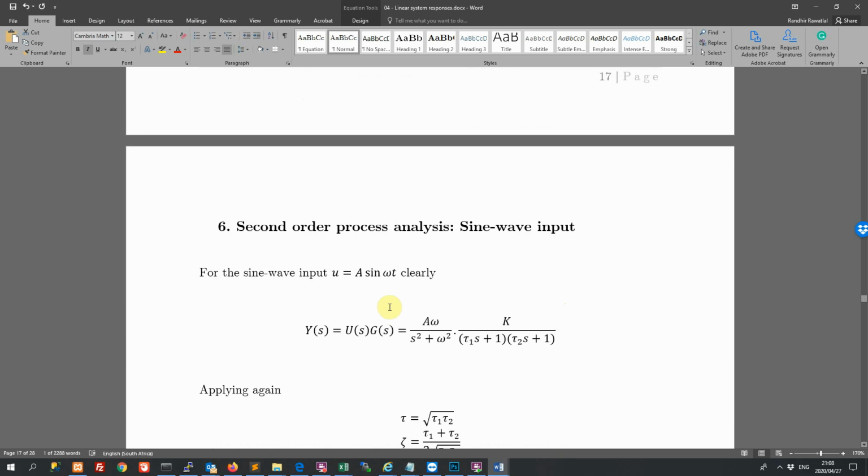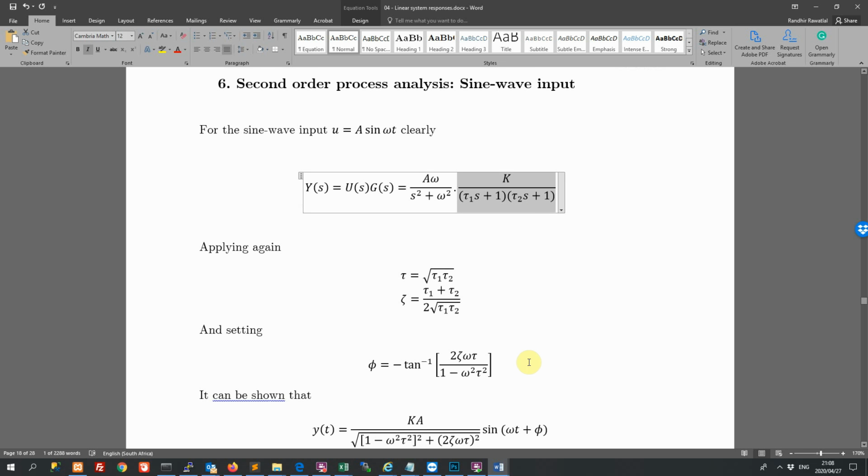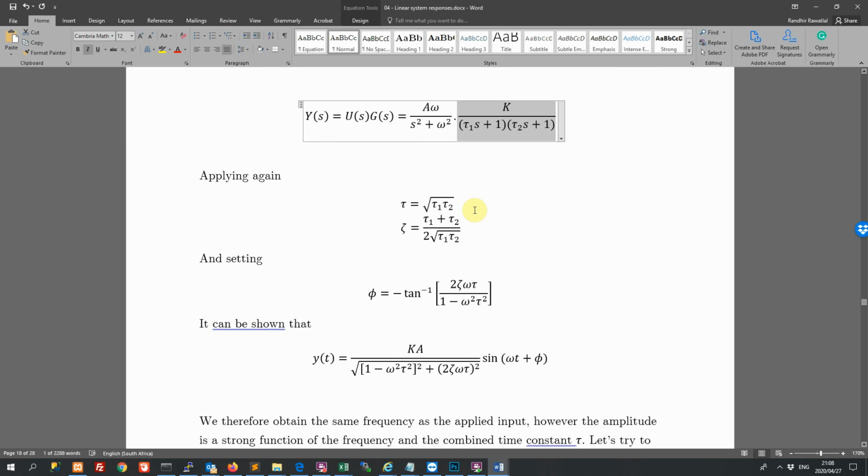Anyway, I think we said that. So carrying on, looking at a sine wave input now. Our U we saw before, if that's a sine wave with amplitude uppercase A, then the sine part is going to be omega over s squared plus omega squared. And then our transfer function G is simply that. And then we had found before a way to separate this out, well, for the first order case.